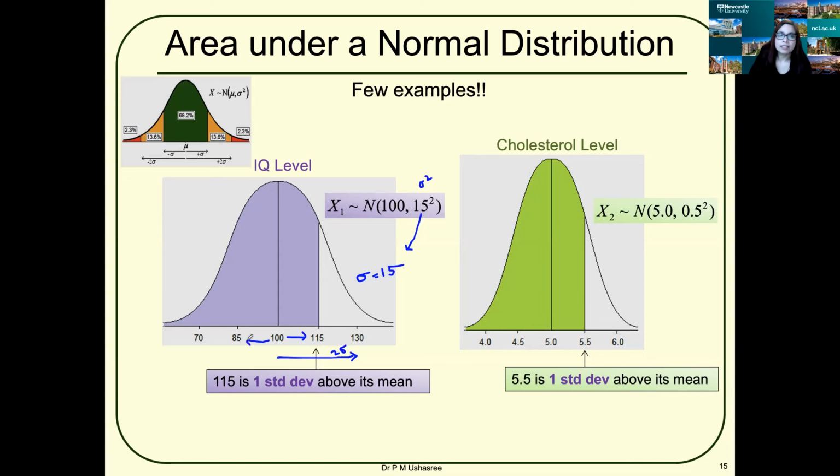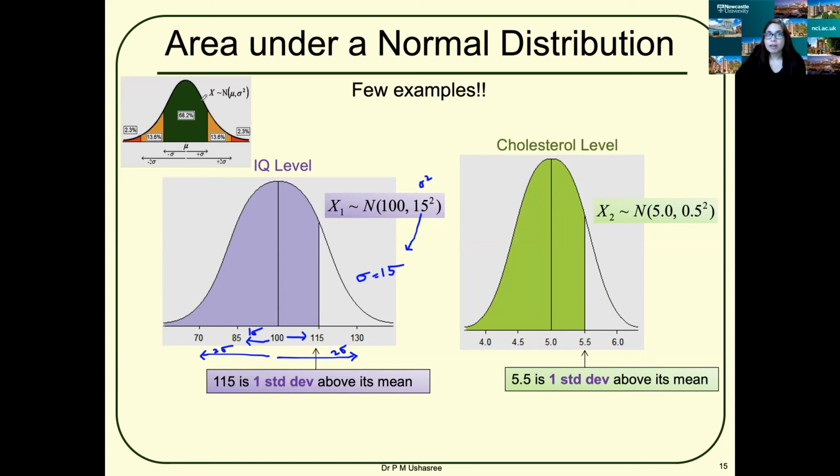Similarly, 85 is 1 standard deviation below its mean, and 70 is 2 standard deviations below its mean. But the area under this is the same.